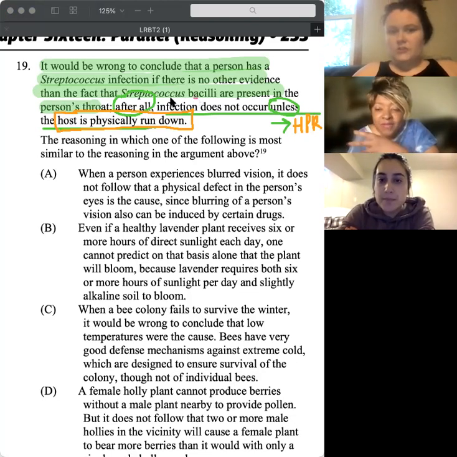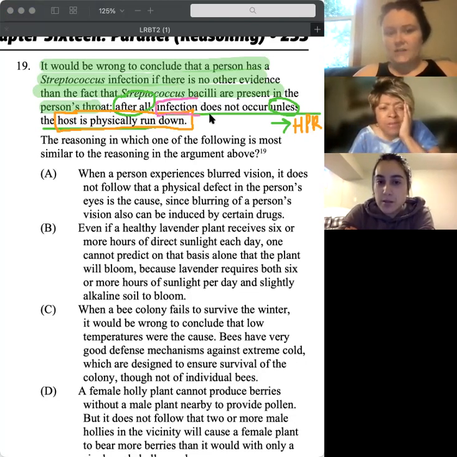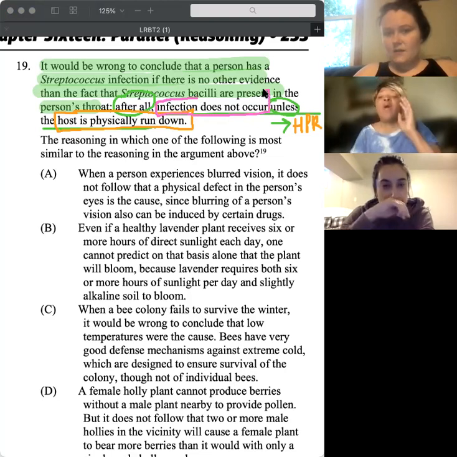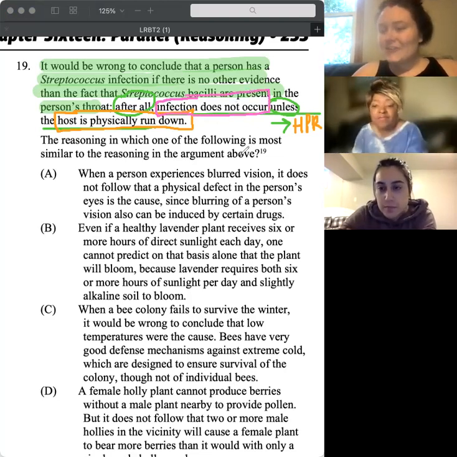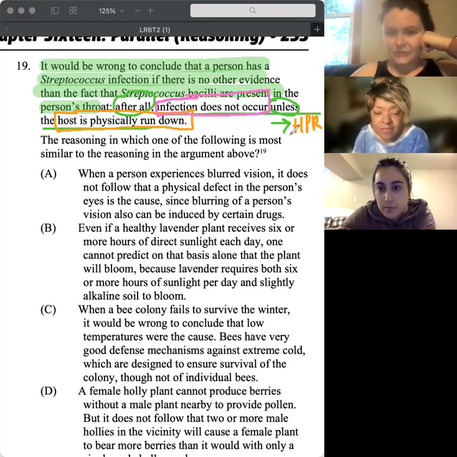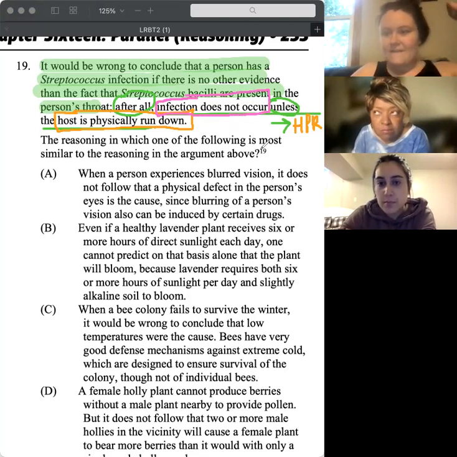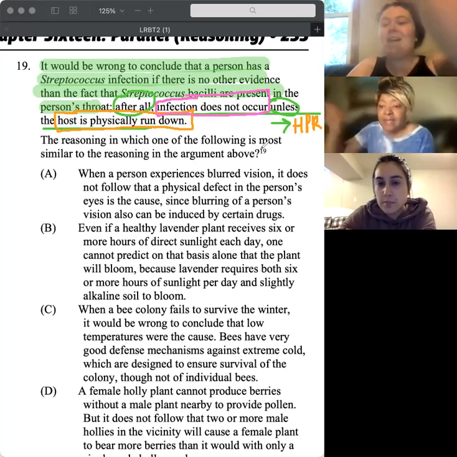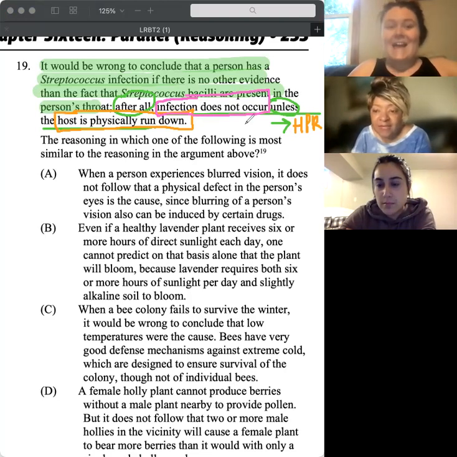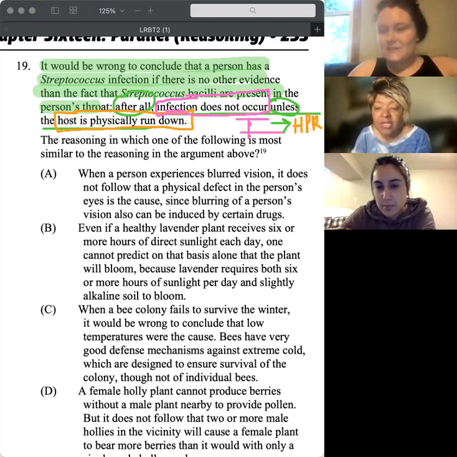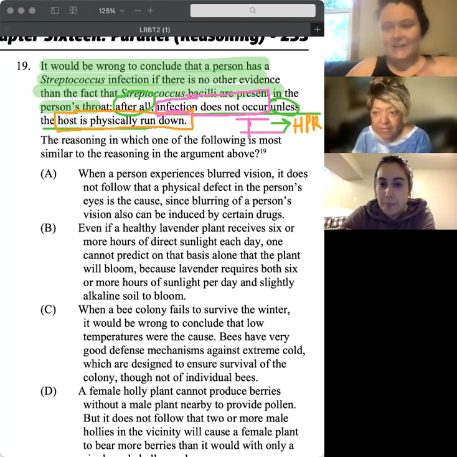Infection does not occur, right? But "unless" is our fancy one that we have to do something special to. We're saying infection does not occur unless this happens. Negative. Yes. So if infection does occur, that means the host is physically run down. Correct. All right, awesome.